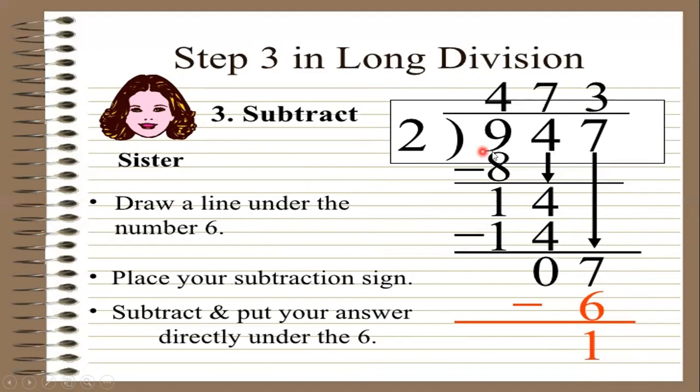So in the start, as I've told you, the number which is written inside of the radical sign is called the dividend, and the number which is going to divide it is called the divisor. The answer you get after division is called the quotient, and the number which is left behind at the end of the division, it might be a 0 or some other value, is called the remainder.